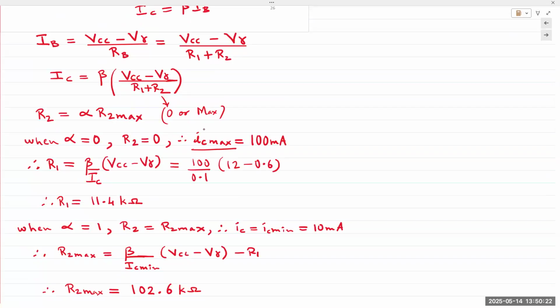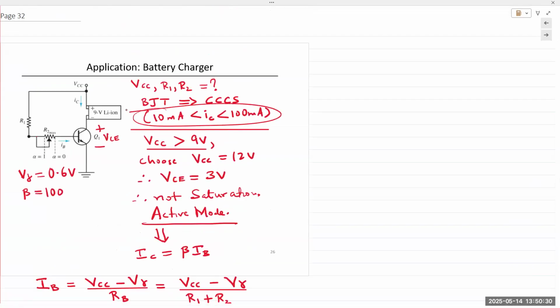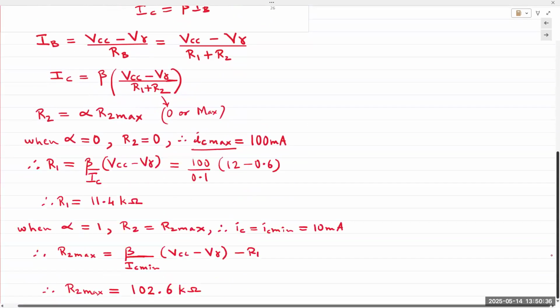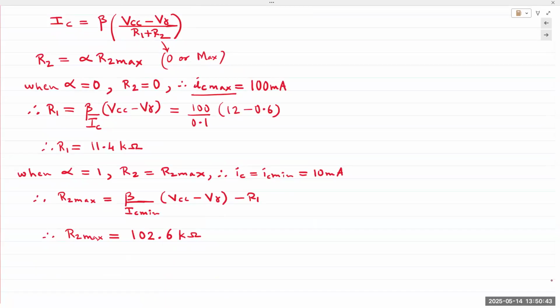Let's go to the top. Oh yeah, 10 and 100 right here. IC can vary only between 10 milliamps and 100 milliamps, otherwise you're going to end up blowing out your battery. So the maximum value for collector current IC is 100 milliamps. The minimum value is 10 milliamps.